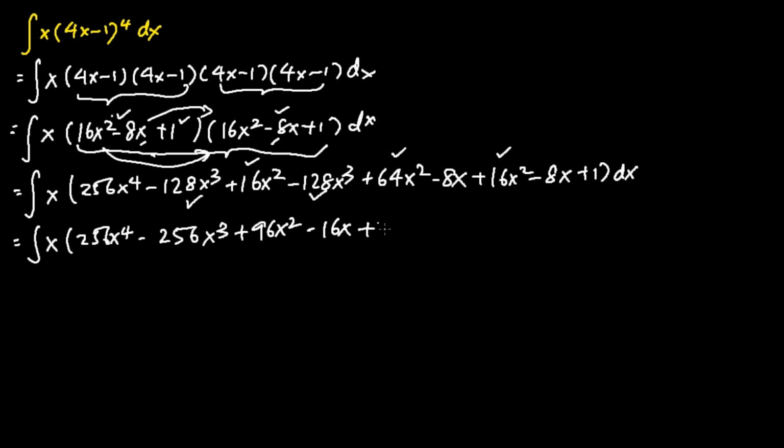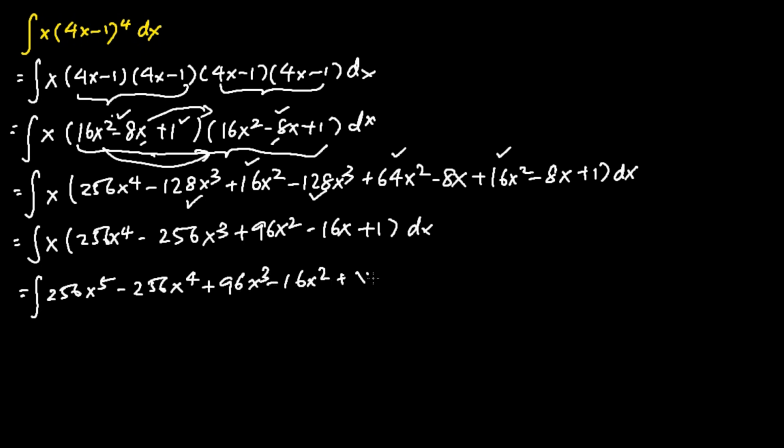And then last but not least, a plus 1. And we continue to multiply. Next, the x across the terms within the brackets, we get 256x to the power of 5 minus 256x to the power of 4 plus 96x cubed minus 16x squared plus x dx.